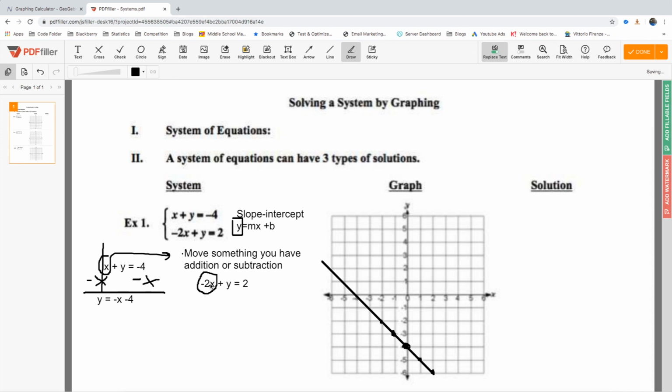And according to what we talked about, the only way that you can move within an equation is to add or subtract. Well, currently it's being subtracted because it's negative. So I can't subtract it because that would make it more negative, if that makes sense. So the only option I have is to do the opposite of subtraction. In this case, it's addition. So I'm going to add 2x on both sides of my equal sign. I'm adding 2x.